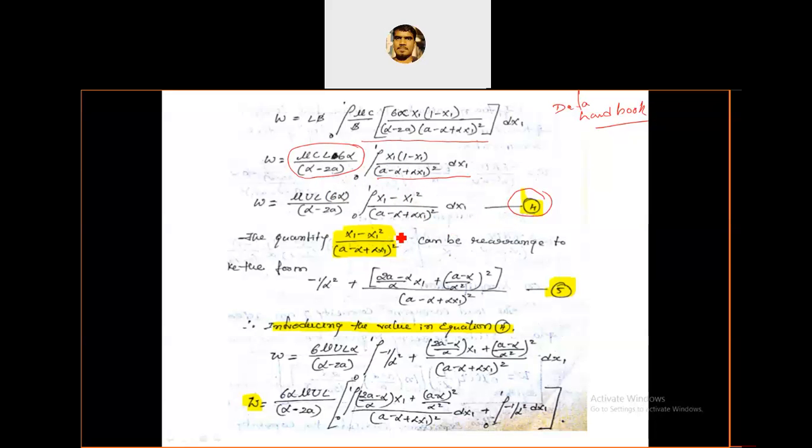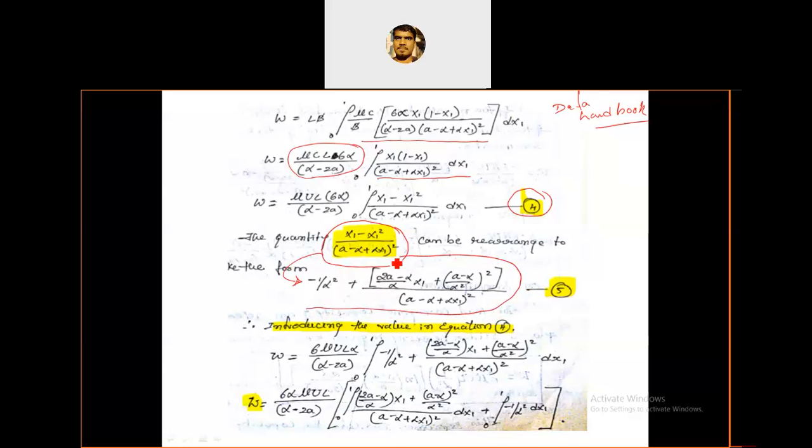So now this term we can replace or rearrange by this term. You can copy this term from the data handbook, it is available. Or else I expanded these terms and introduced one term, and by simplifying we get this term.